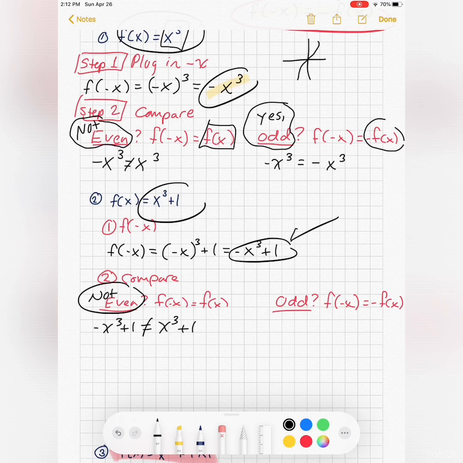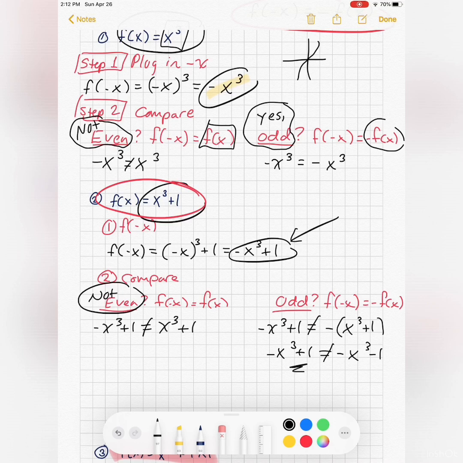What about odd? So is f of negative x equal to the negative of f of x? Well, be careful here, because actually these two things are not equal.